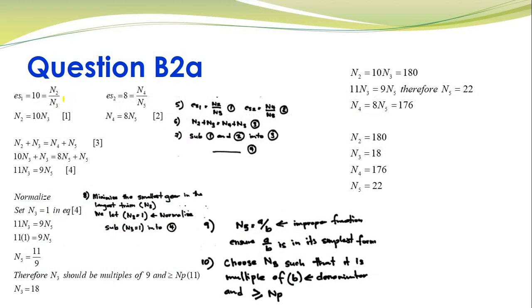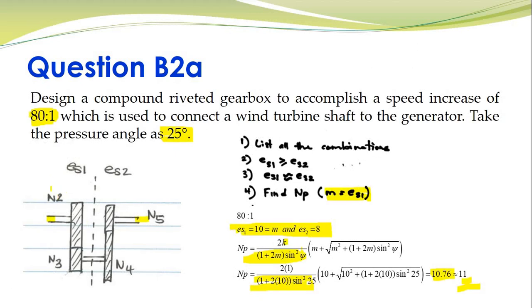Now moving on, let's look at steps 5, 6 and 7. So what we have is step 5, ES1 is equal to N2 over N3, so that's equation 1. ES2 is equal to N4 over N5, that's equation 2. When you look at this, your train value is nothing but the product of driving tooth numbers divided by the product of driven tooth numbers. So in stage 1, the driving tooth is N2 and the driven tooth is N3, and in this stage the driving tooth is N4 and the driven tooth is N5.